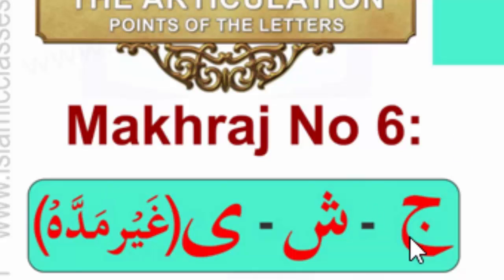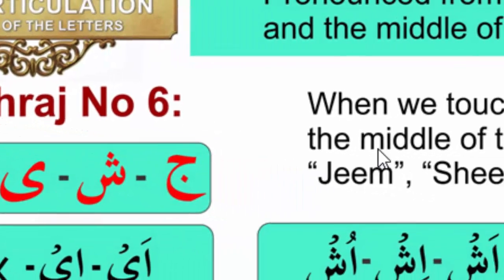The first is Jeem, the second is Sheen, and the third is Ya, and this Ya is ghair maddah. Keep this in mind, because inshallah I will tell you which Ya is maddah Ya and which Ya is ghair maddah. Ghair means without maddah.